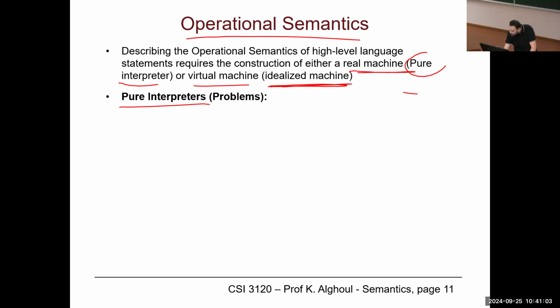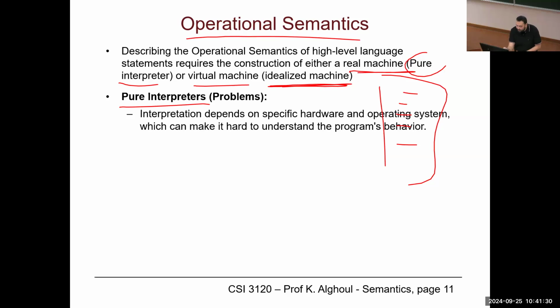So if I'm writing it step by step and I give it to, let's say, Benjamin to apply somewhere else, he'll have to apply it on the same exact operating system or the same exact hardware, because these rules got affected by the environment. So that's one of the problems we have when we want to write it on a pure interpreter.